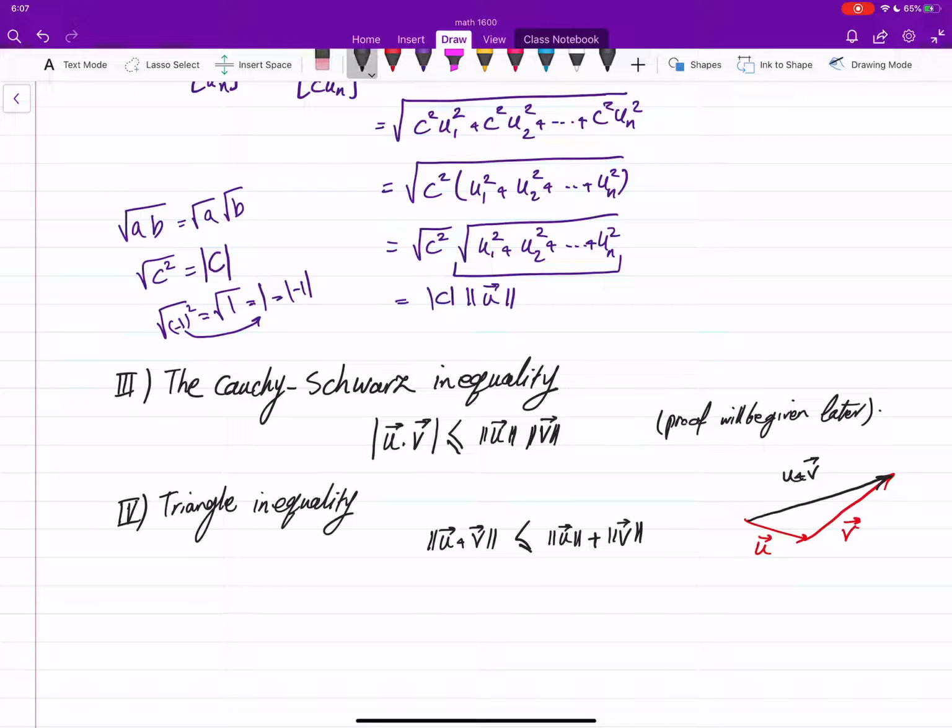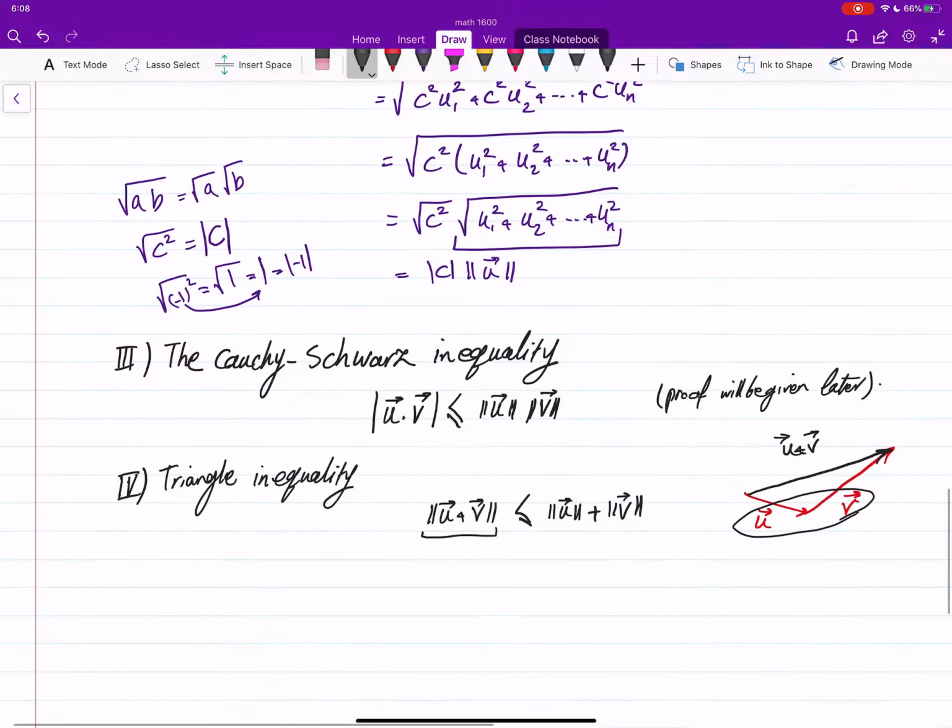We know that in any planar triangle, the sum of the lengths of any 2 sides is bigger than the length of the third one. And this is exactly what it says: length of u plus v is less than the sum of the lengths of the 2 other sides.